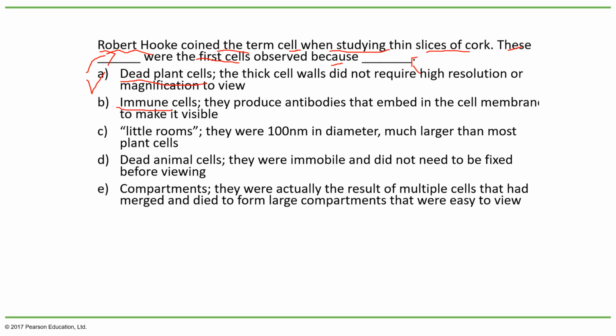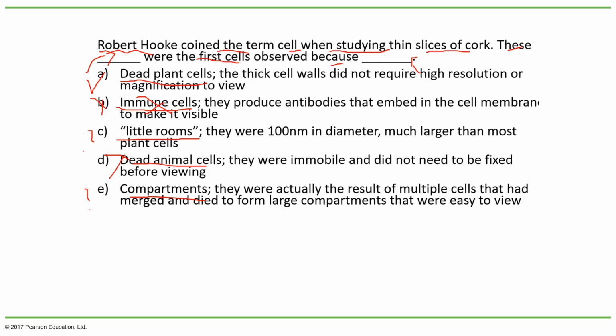Here they said immune cells, so this one is already wrong, so B is wrong. These little rooms, this is not perfect. Plant cells would be better, so we need to look at the rest. Dead animal cells, this is already wrong. And these compartments, this is not perfect. So far, A is better.